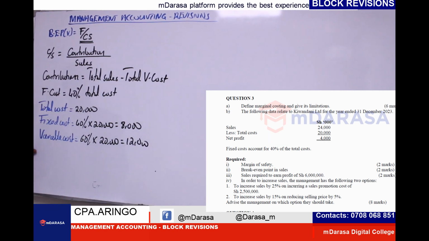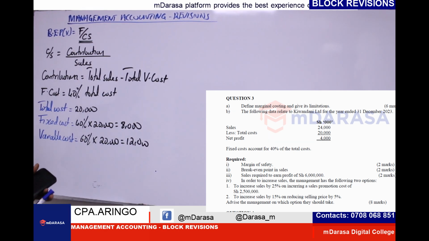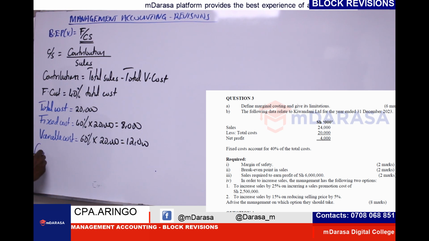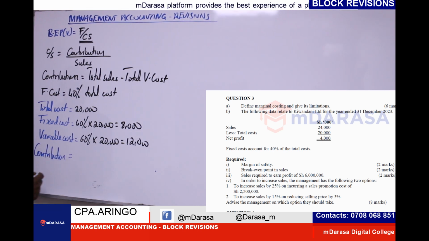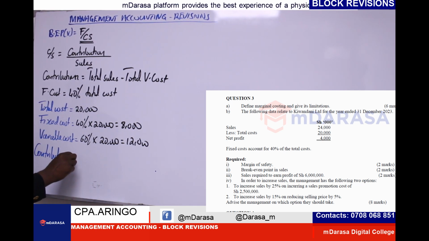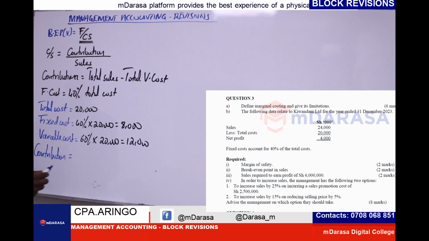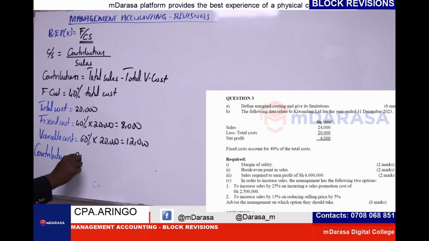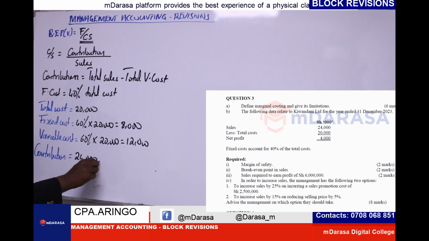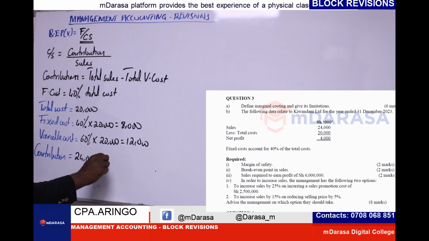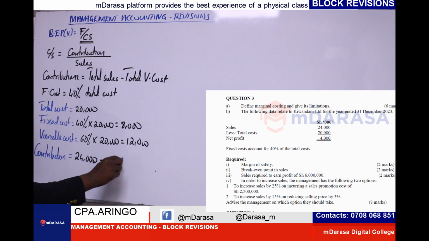So having our variable cost, can we determine our contribution? Yes, we can. My good students, our contribution in this context, we should all agree, will be total sales, which was 24,000, minus our variable cost, which you can see is 12,000.